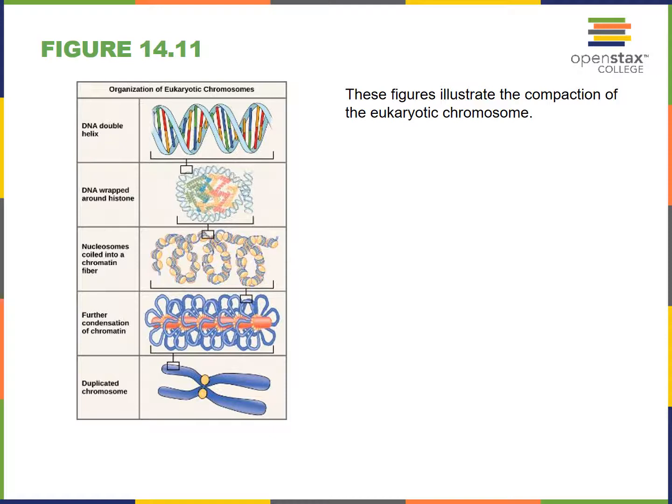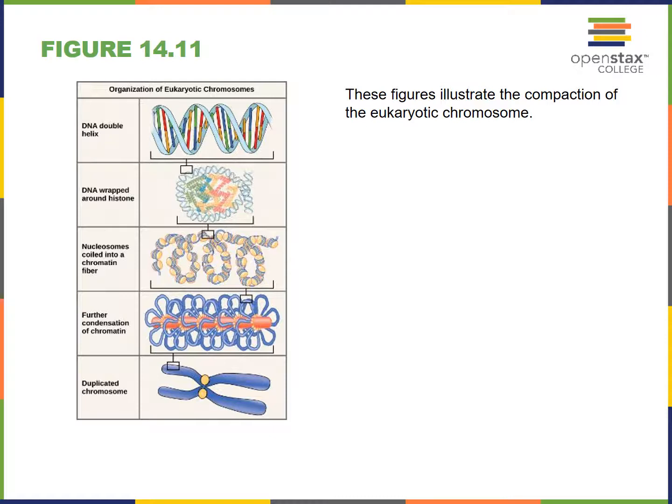In eukaryotes, DNA is tightly packed, especially during mitosis and meiosis when the chromosomes are going to be moved around. This makes sense because we have 46 chromosomes that we have to contain in a nucleus inside a cell.